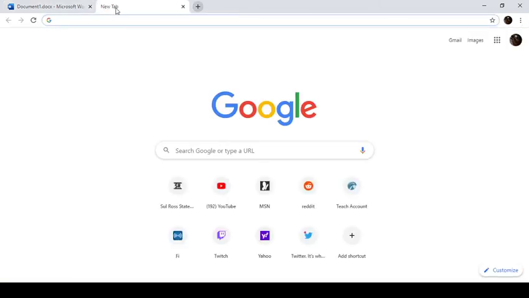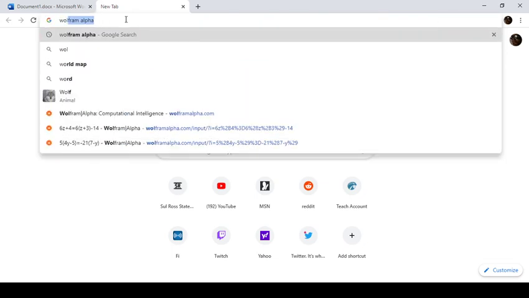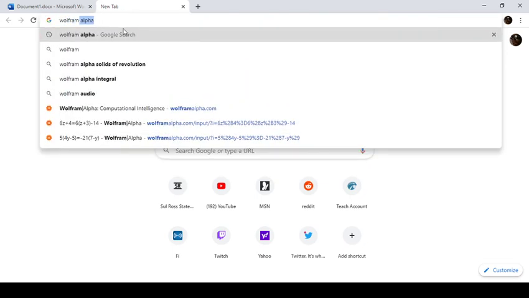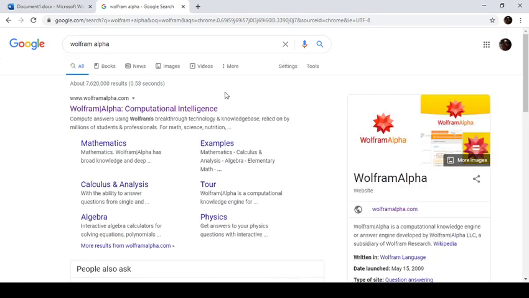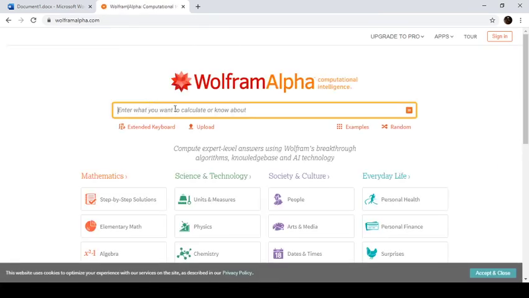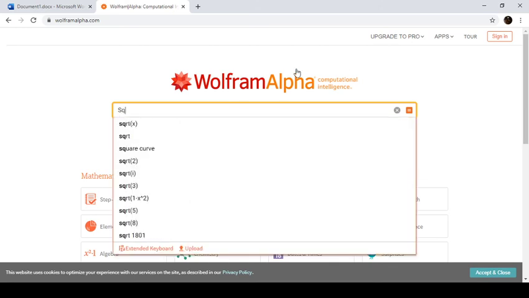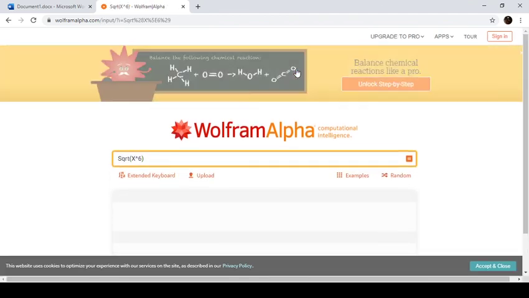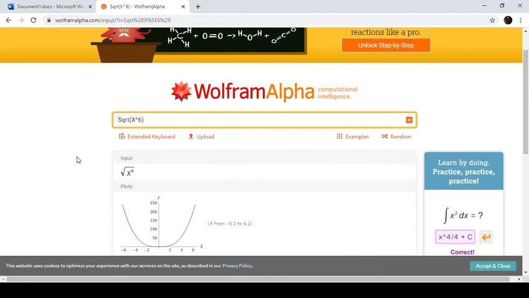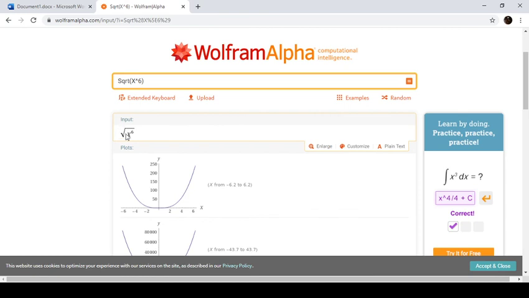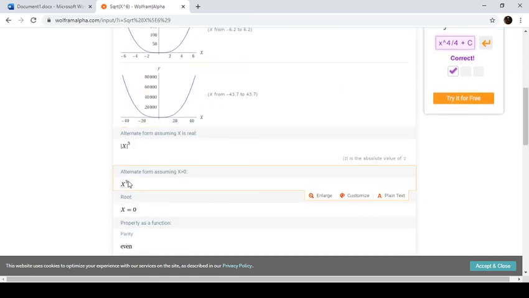Suppose I could use Wolfram Alpha. SQRT x to the 6th. Okay, so remember, there's an imaginary 2 in this crook of this root. So we take the 6, divide it by the 2, and we get x to the 3rd.